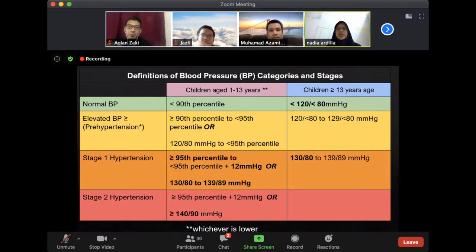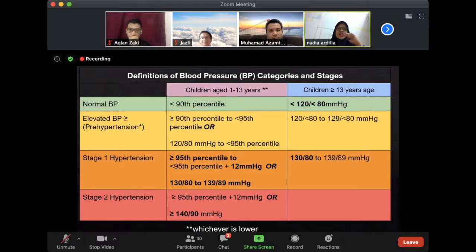You can say the 94th percentile lah. Or 120 over 80 millimeters of mercury to less than the 95th percentile. When they reach the 95th percentile, that is stage 1 hypertension. Stage 1 hypertension is the 95th percentile to less than the 95th percentile plus 12.